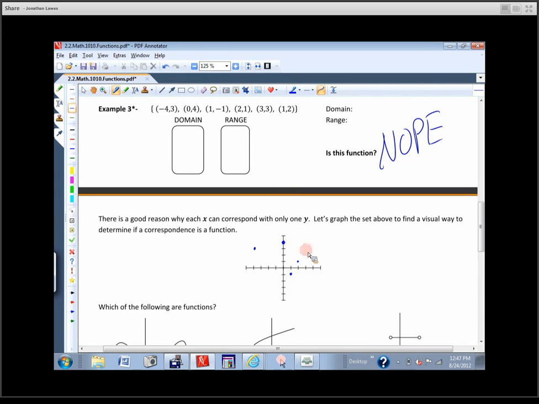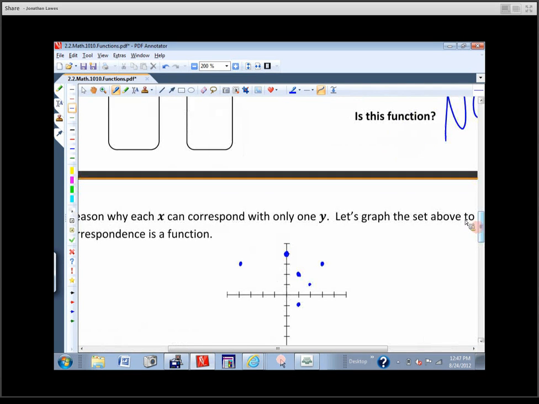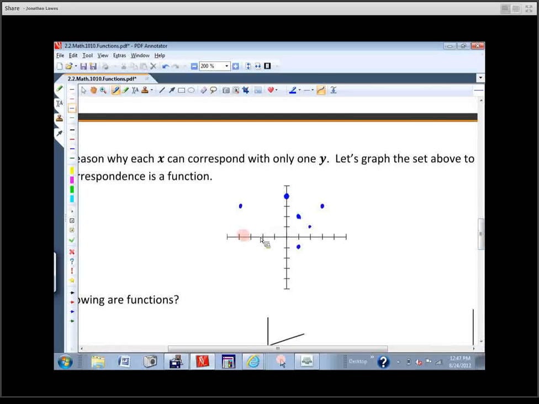Now, everything is okay to this point. Which one screwed it up? That 1, 2. Let's come back here and let's draw where that 1, 2 is. It's right here. So here's the problem. The problem is, if I go to -4, I know my answer's 3.